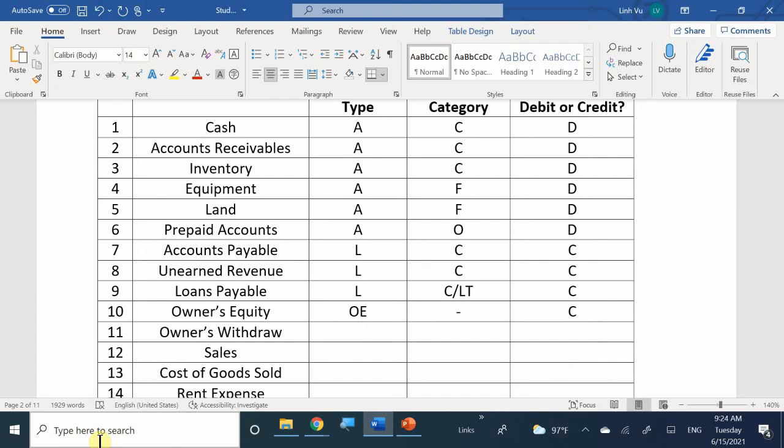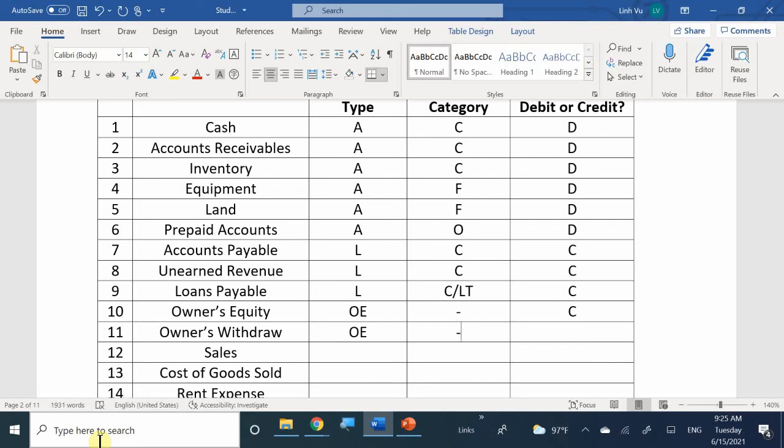The owner's withdrawal is equity, right? It is owner's equity, because I'm taking money away from my company. Therefore, I'm pulling value out of my company. So if I'm taking money away from my company, that's going to be dealing with the equity itself.